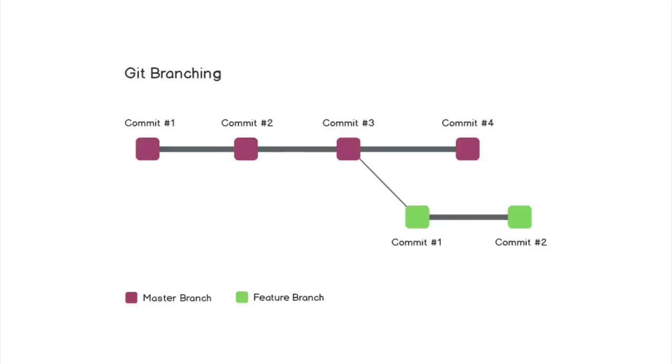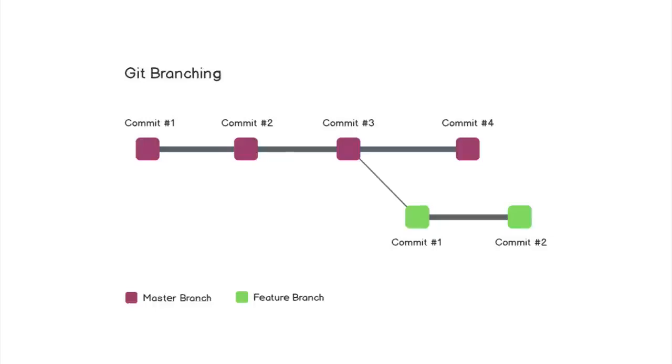But as you make updates to the feature branch, those changes are only seen in the feature branch. So if you make changes on the feature branch, you make a commit to save those changes onto that branch, and then you switch back to the master branch, you won't be able to see any of the changes that you made on that feature branch.